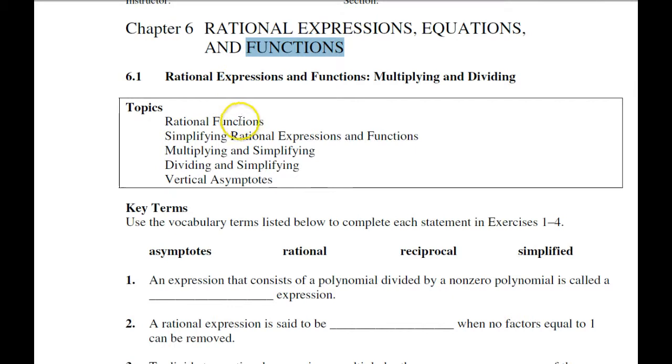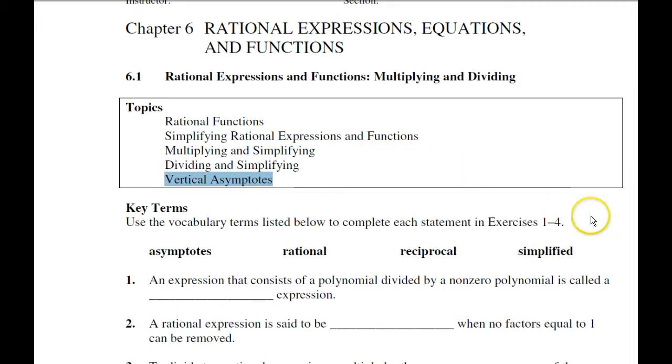We'll be dealing with simplifying rational functions, multiplying and simplifying, dividing and simplifying, and then we're also going to look at a particular term, the vertical asymptote. What these do is when we have a graph, it sort of defines a vertical line that relates to the graph. So we'll be showing you that as we go on.